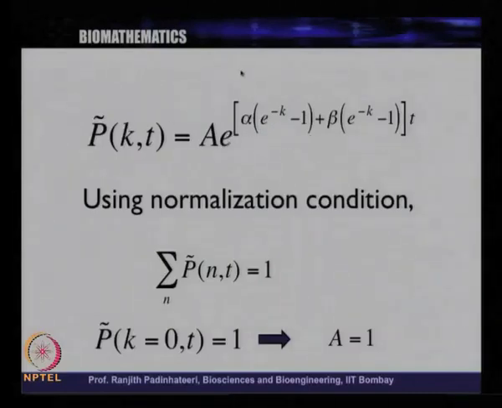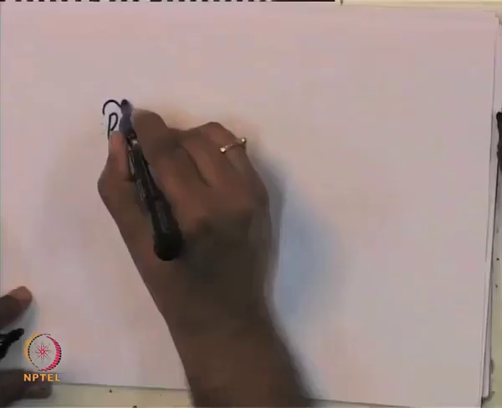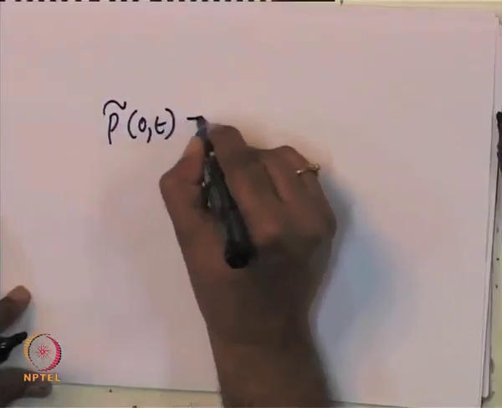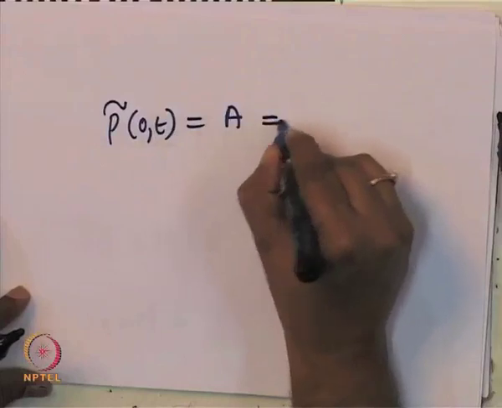So, if you put k equal to 0, here it is 1 minus 1 to the power 0, and here also 1 minus 1 to the power 0. So, this whole thing is 0, and e power 0 gives you 1. So, you get p tilde of 0 comma t as a. If you do this calculation, you will find that this is a and this has to be 1.